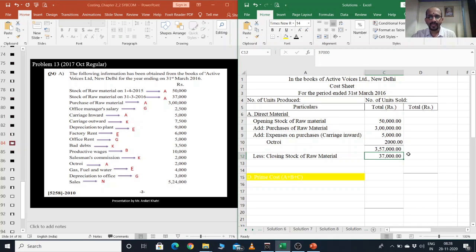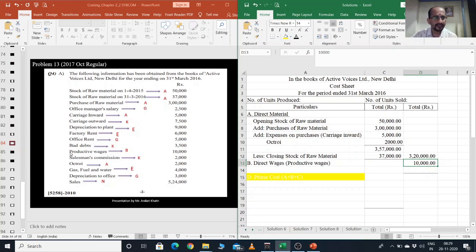So just minus 37,000 from 3,57,000, that will be 3,20,000, and this is your direct material consumed. Okay, next point is B, direct labor, or direct wages or productive wages, one and the same. So it is 10,000.